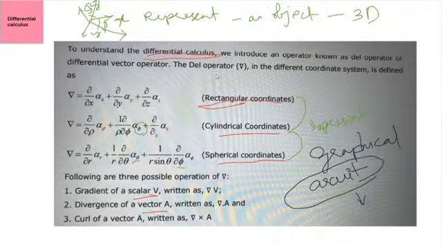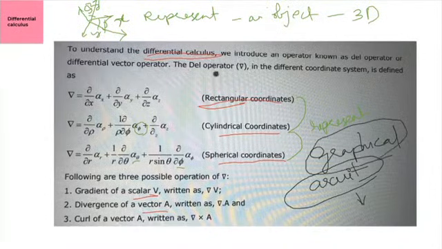Similarly, when there is something happening in miniature form, in charge form, or in the smallest particle, when you are analyzing that smallest particle, you need to represent how it is moving, where it is placed, what it is experiencing.